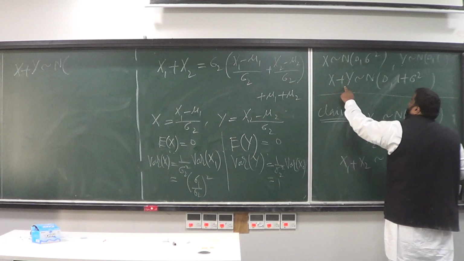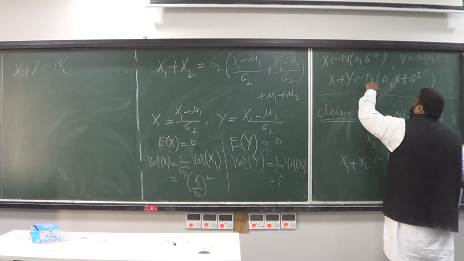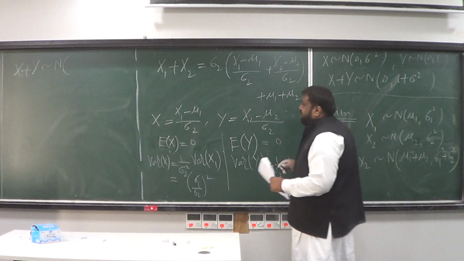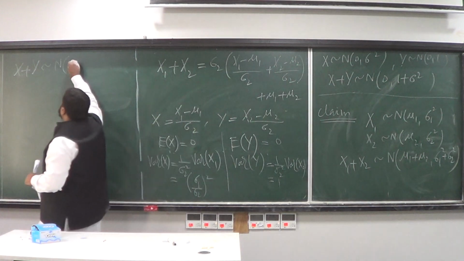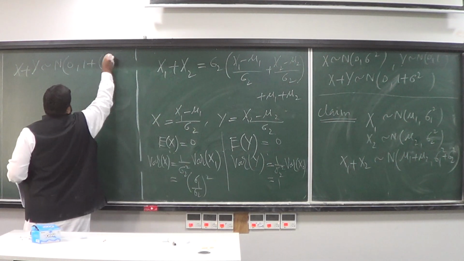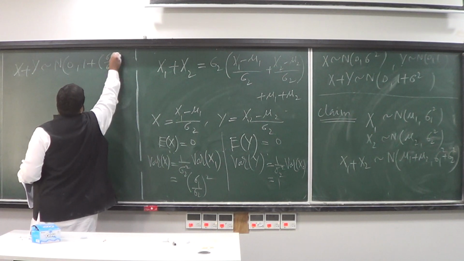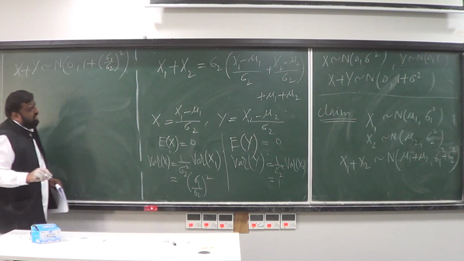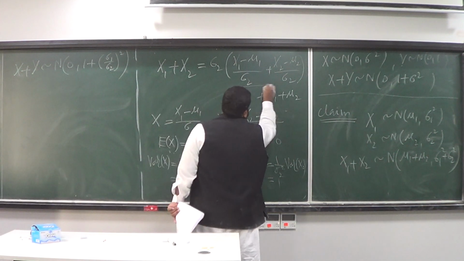Then x plus y is going to have a normal distribution with mean 0 and variance 1 plus sigma square, where sigma is sigma 1 over sigma 2. So we know the distribution of these two guys.